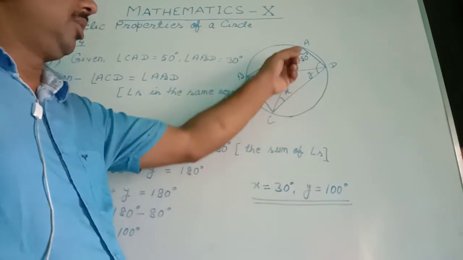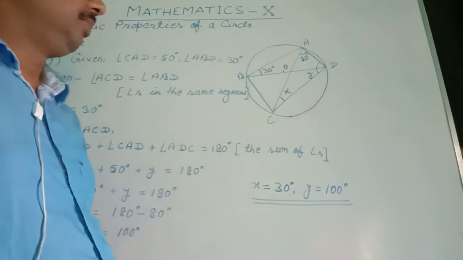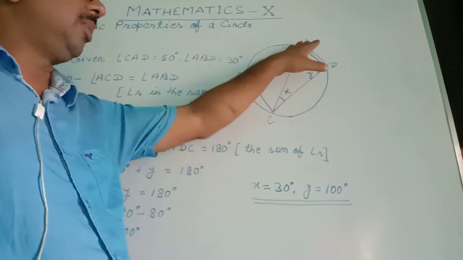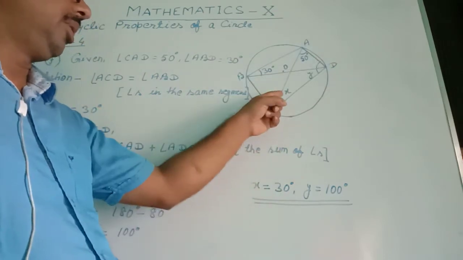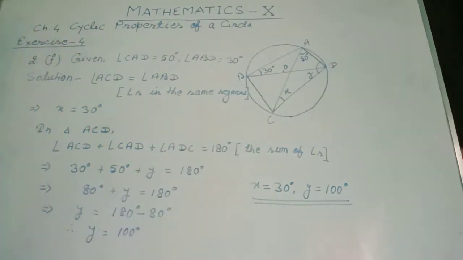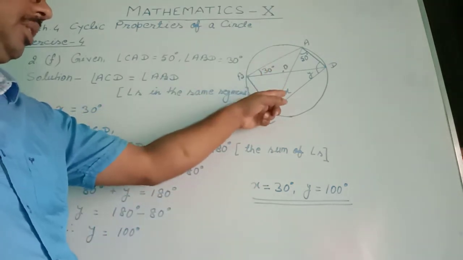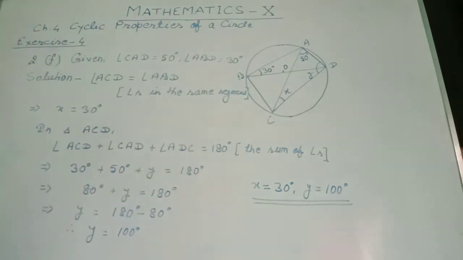So the starting points of these two chords became A and D. Since the starting points of these chords are common, that is A and D, therefore these two angles are in the same segment. This angle ACD is X, that will be equal to angle ABD, X equal to 30 degree. Reason is angles in the same segment.